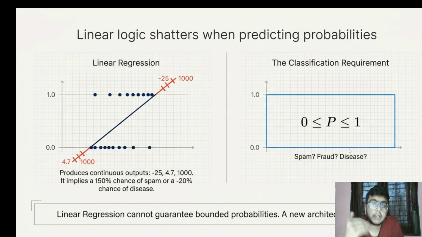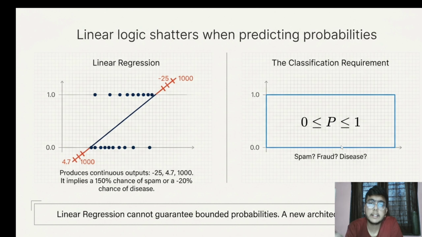So what we need is binary outputs. If we are doing spam detection in email, then when we give input, our model should provide 1, meaning yes, the email is spam, and 0, meaning no, the email is not spam. So we need a probability, and linear regression cannot guarantee bounded probability. A new architecture is required.